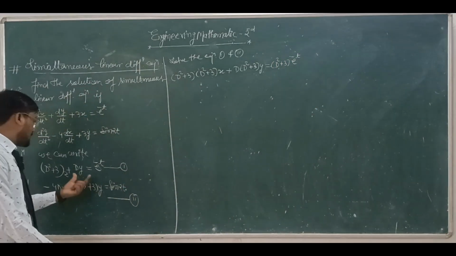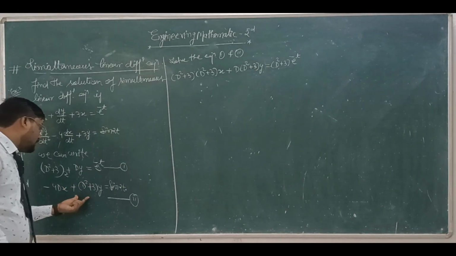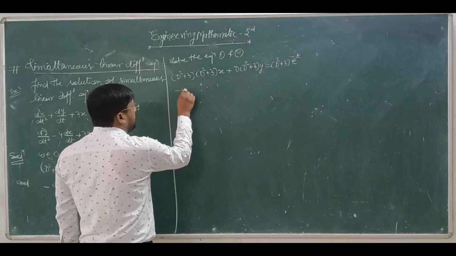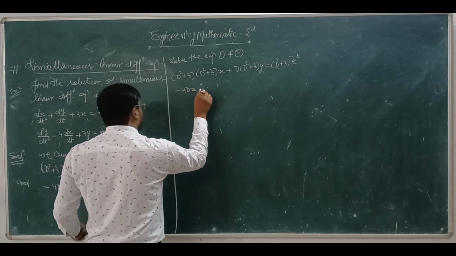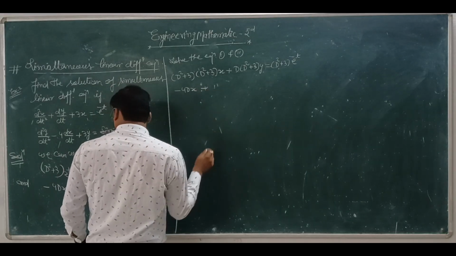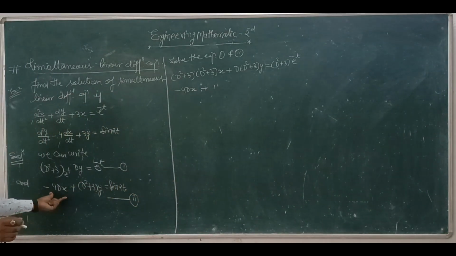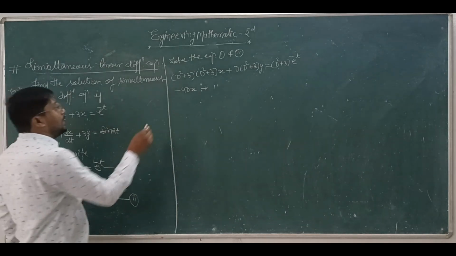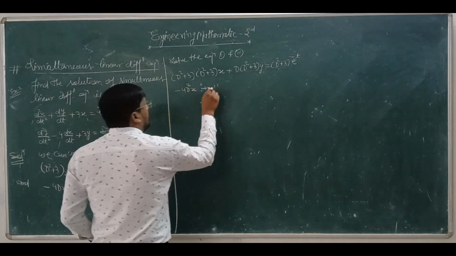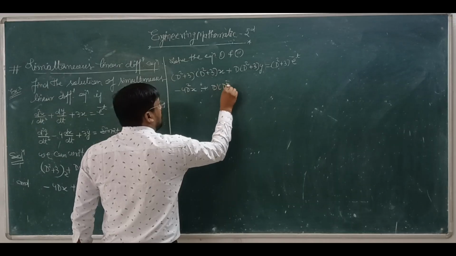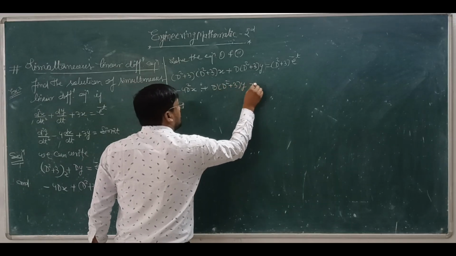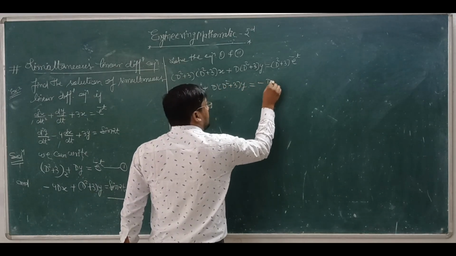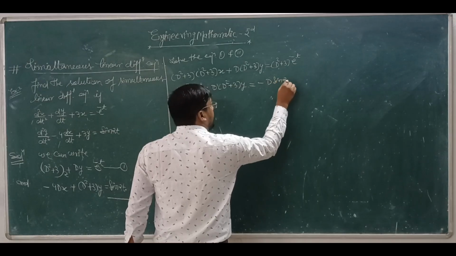This is equation number first. And the multiply of D in the equation second: -4D^2 x + D(D^2 + 3)y = D sin 2t.